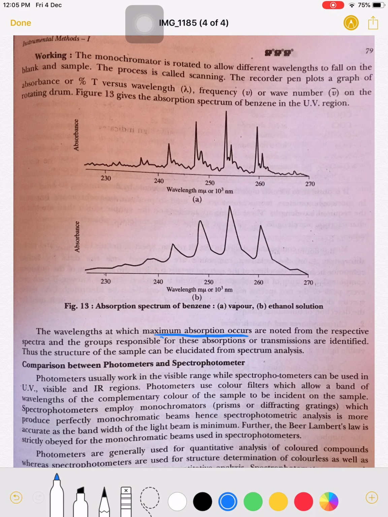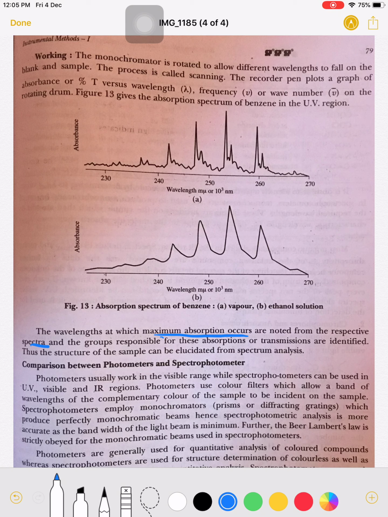Maximum absorption by the sample solution is noted on the respective spectra, and the groups responsible for this absorption or transmission are identified. Why maximum absorption takes place at a particular wavelength may be due to the presence of certain groups in the molecule.